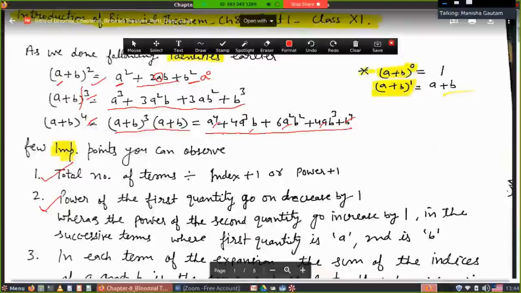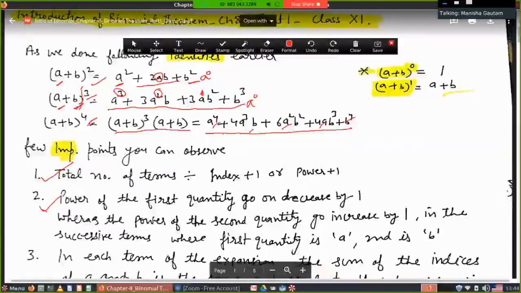In the second identity, you can observe the power of a is 3, then 2, then 1, and here it is a to the power 0. So you can see the power of a is decreasing. If you observe b, the power of b is increasing.